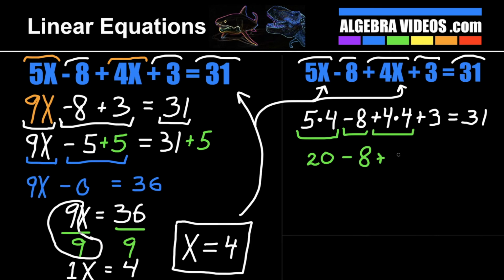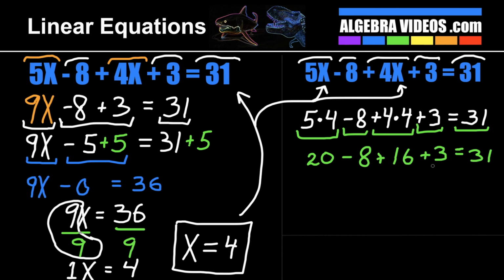So what's 4 times 4? 16. And then the next term is a plus 3, so I'll just rewrite plus 3. And that equals, on the right side, 31. So I'm just going to rewrite 31. Another way to say it is I'm bringing down the 31.